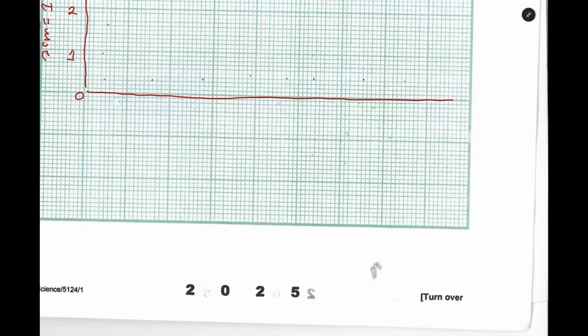So I can move in 0.5, which means I have 0.5, 1.0, 1.5, 2, 2.5, 3, 3.5, 4. So here, in terms of current in amps, the scale is 2 centimeters to represent 0.5 amp.